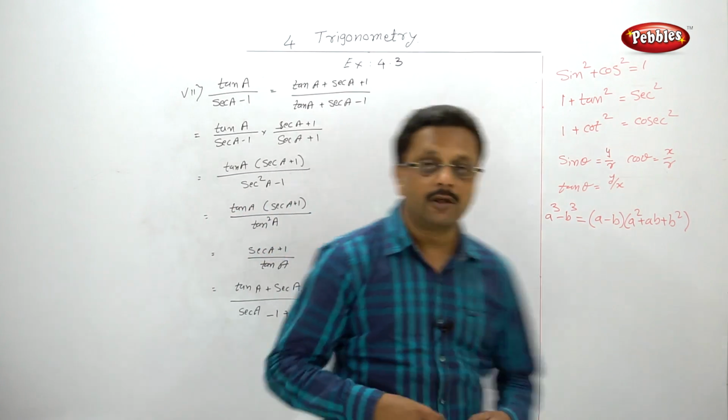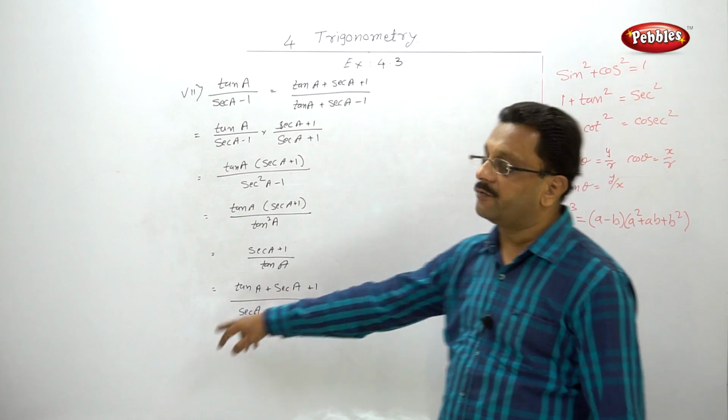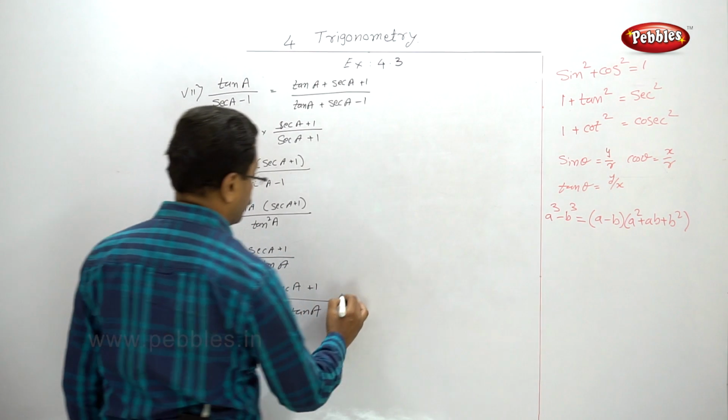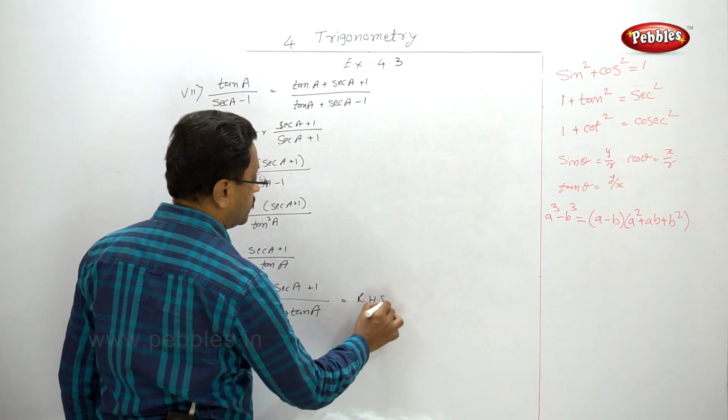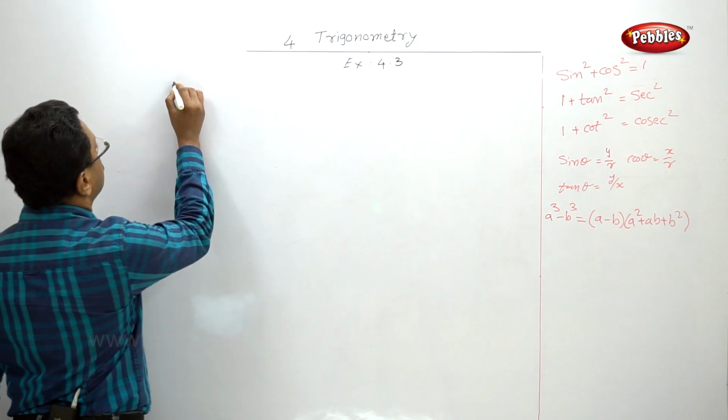Just rearrange the denominator: take this minus sign last and tan first. So which is equal to the right hand side.